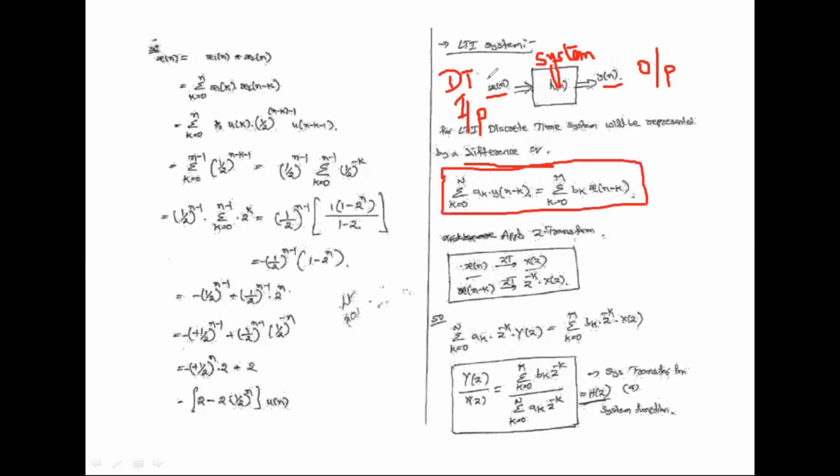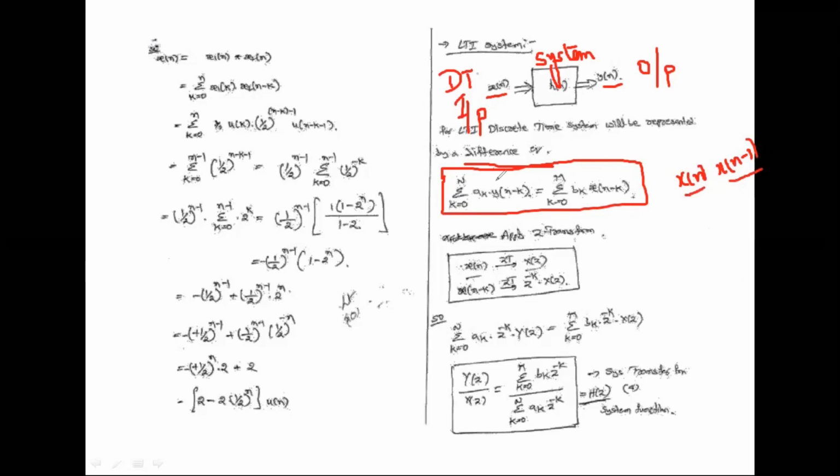So here the input function is x, represented as x of n minus k. For the k value, 0 you can substitute, we get x of n, and 1 we can substitute, x of n minus 1, and so on. Means it depends upon the present and the past inputs. This is a past input.